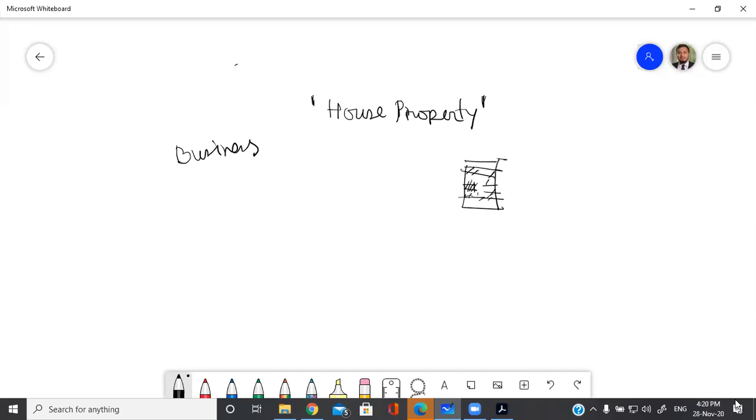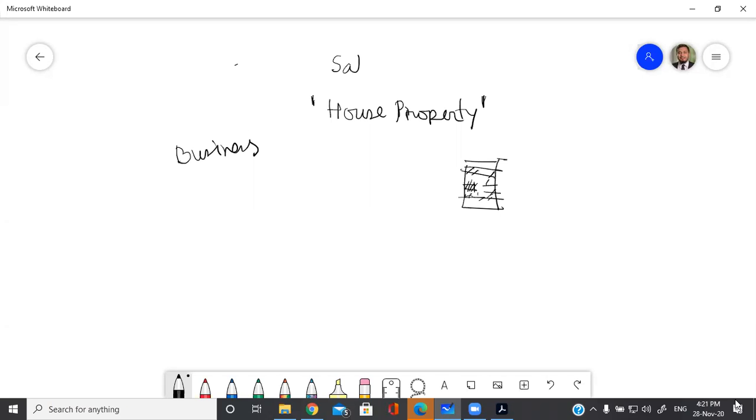For example, the situation goes on for a particular year. For a very low probability, it can be such that you will have negative income from house property. That means you are incurring more expenses compared to the income you can generate from your house property.